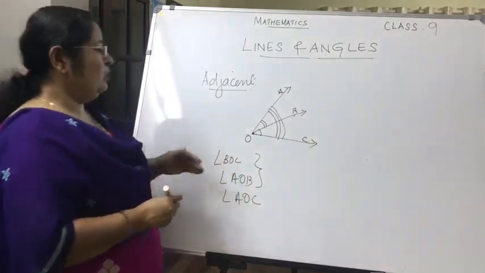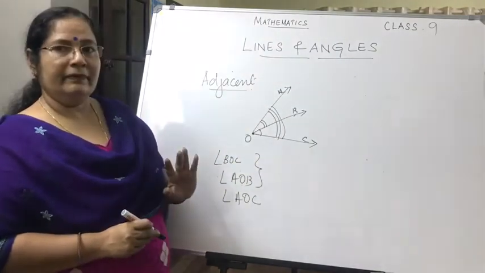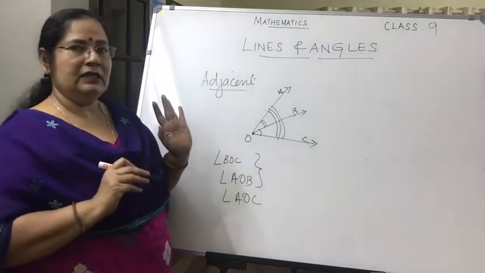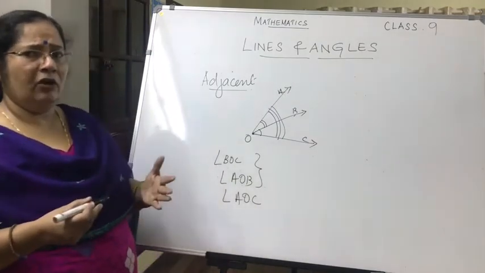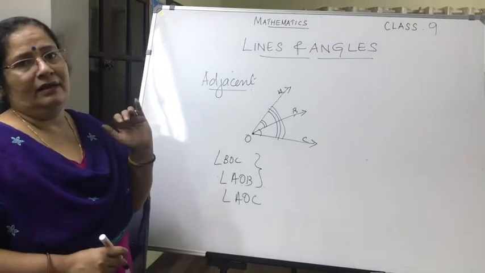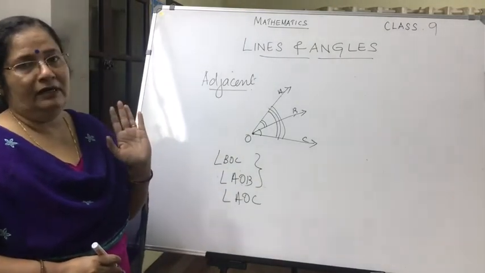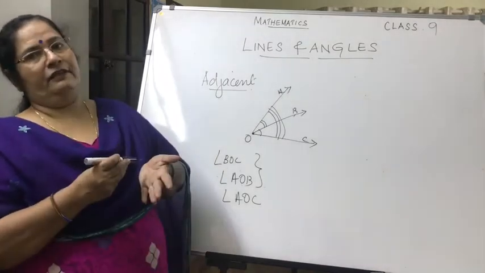Let us take BOC and AOC. Is there any common arm? Yes, of course. OC is the common arm there. So the second condition is also satisfied.